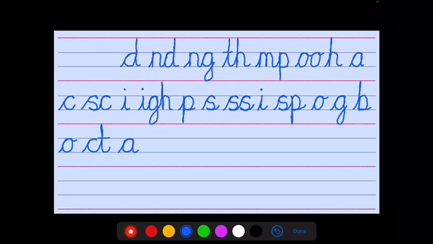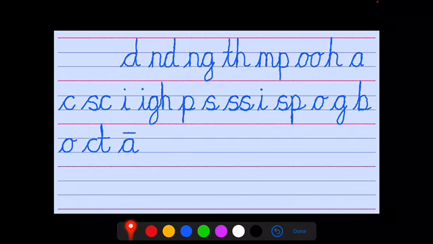Okay, how did you get on? We're going to go over them again so that we can say the sounds we'd say if we were reading. But first of all, I am going to be putting a line over the top of the long vowel sounds when they're single letters, so that we remember when to say the long vowel sound.